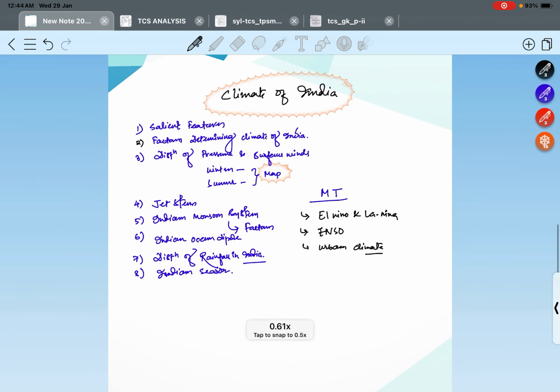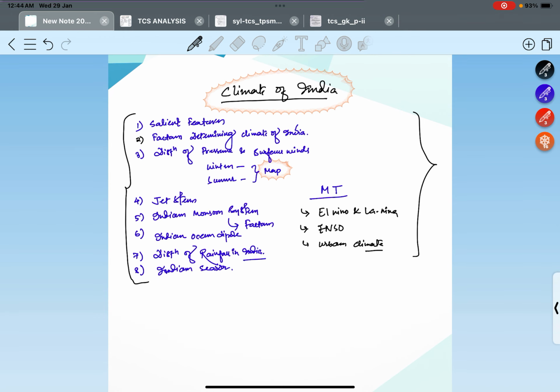So in this climate of India topic, if you read this much in detail, then it will be done for you. So in this much depth you have to study geography. In geography the questions come from deep, so you have to go a little deeper compared to other subjects.